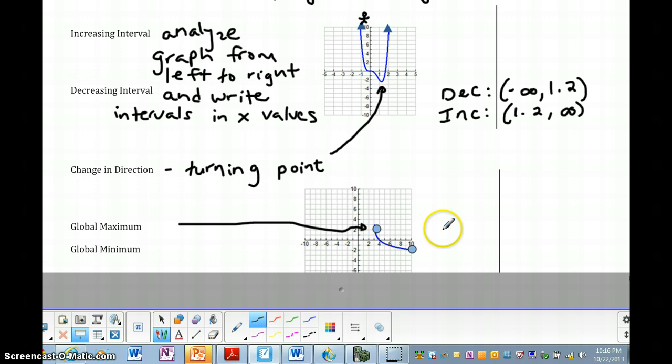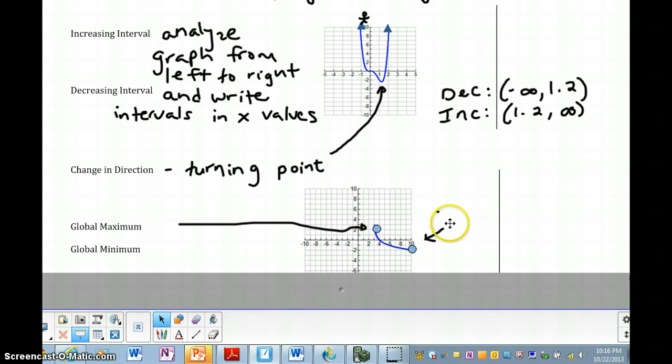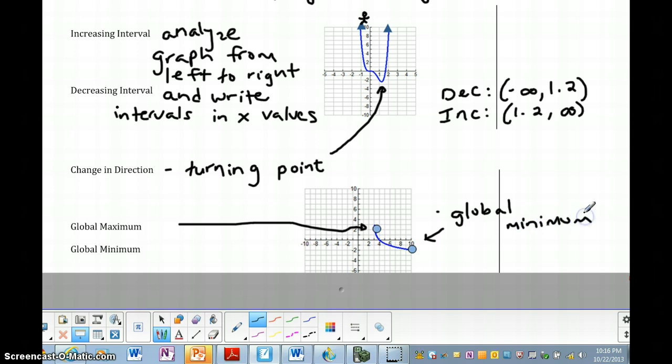Okay, and this one would be the global minimum.